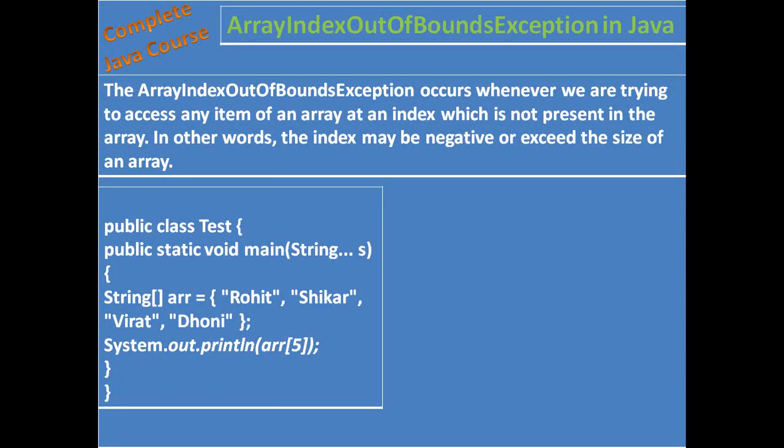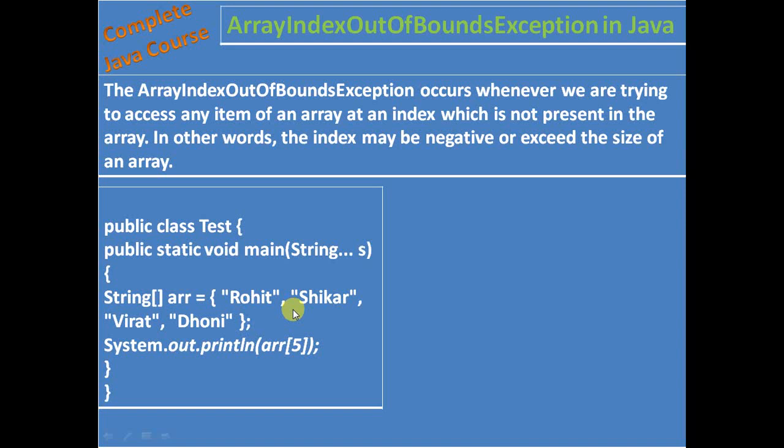So let's see. We know that the array index starts from 0. Here we create a test class and a static void main method. In the main method we create a String type array, and we add four elements: Rohit, Shikhar, Virat and Dhoni. So the indexes are 0, 1, 2, 3.